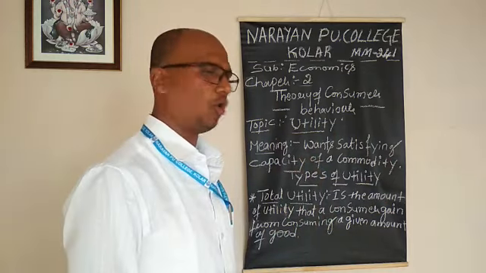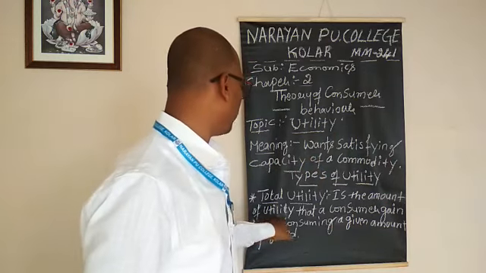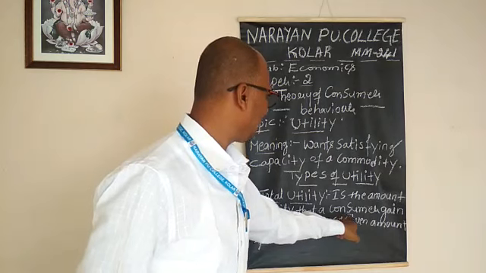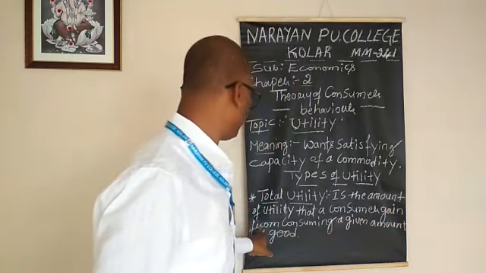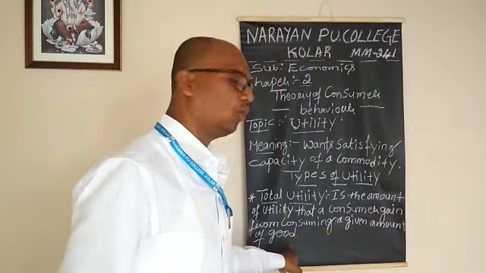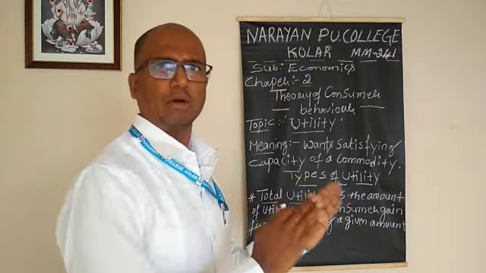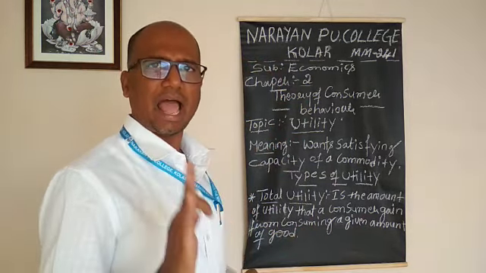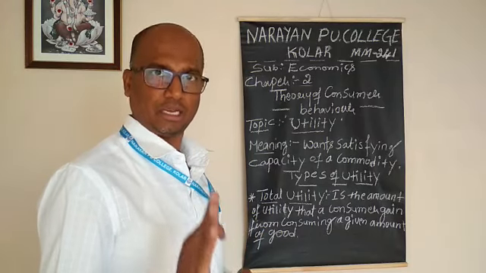I clearly wrote on the board: the amount of utility that a consumer gains from consuming a given amount of a good or commodity over a period is called total utility.